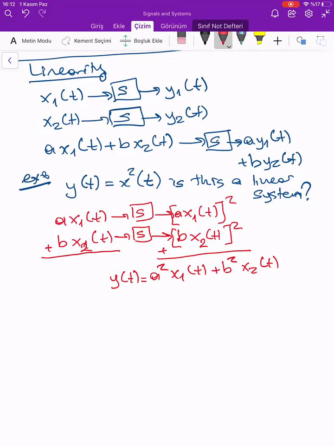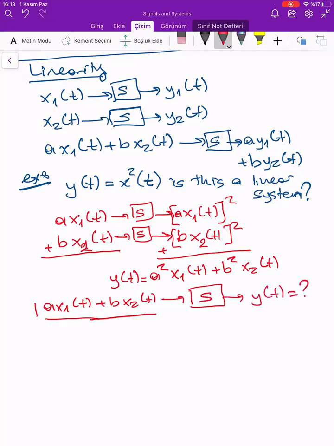This is how you prove these kinds of problems. We apply this separately, and then my input is a x1 plus b x2 of t. If I give this to my system, what is my output?